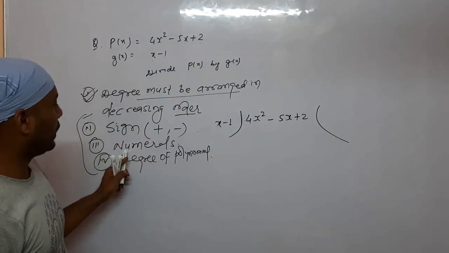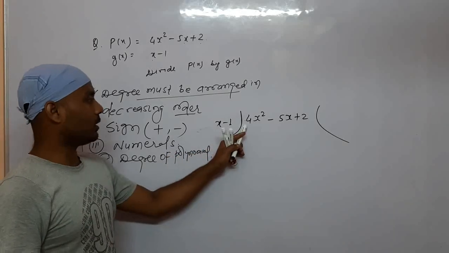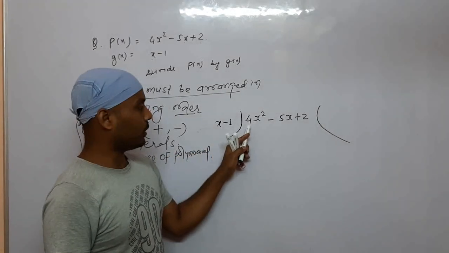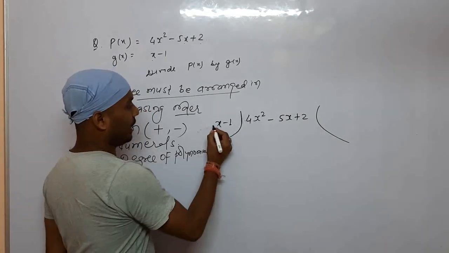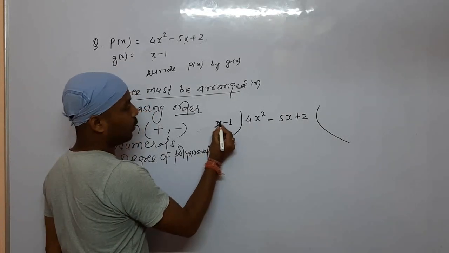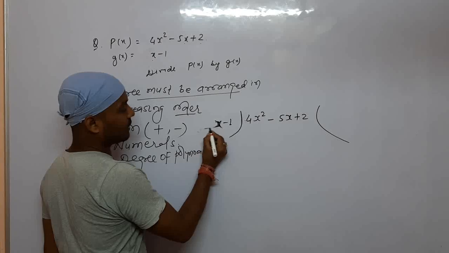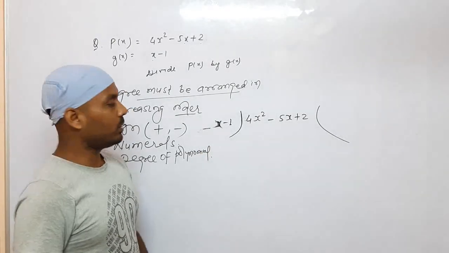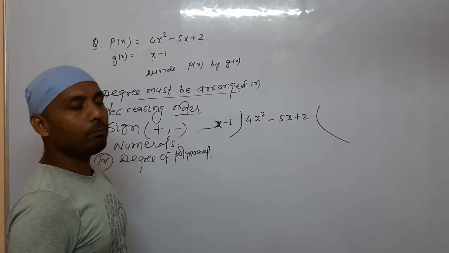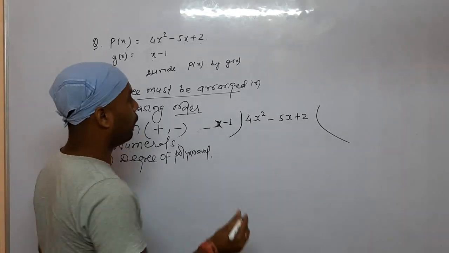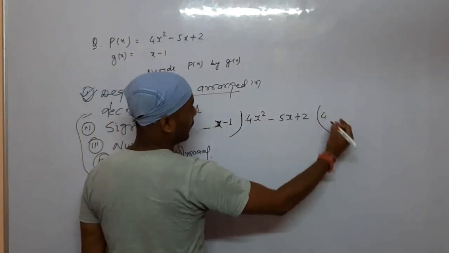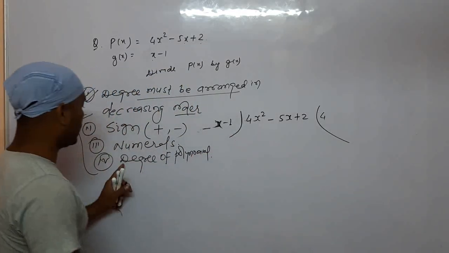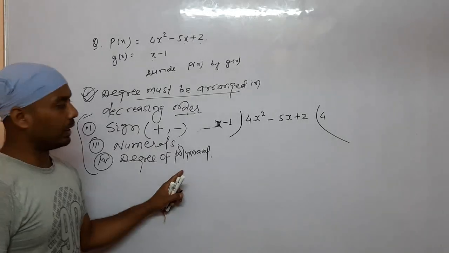Then we have to think about the numerals. What is the number here? The multiple of x² is 4. Here there is no multiple of x; the place is vacant. So we bring the 4 and simply write 4. Now, the third point is the degree of the polynomial.